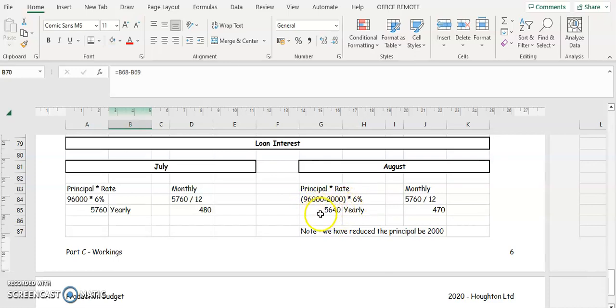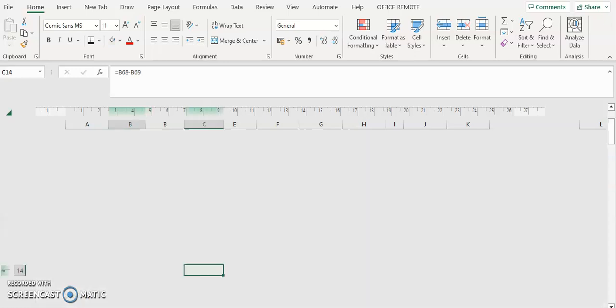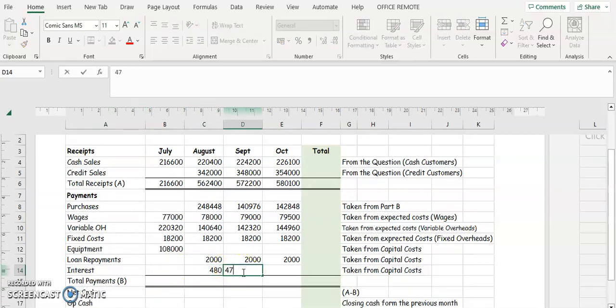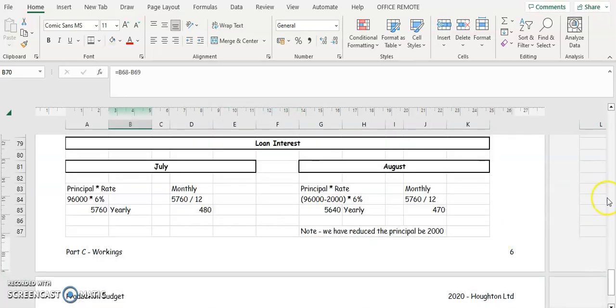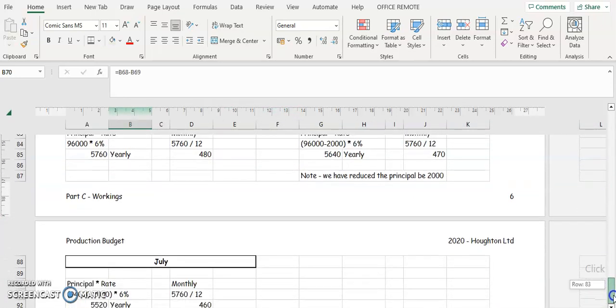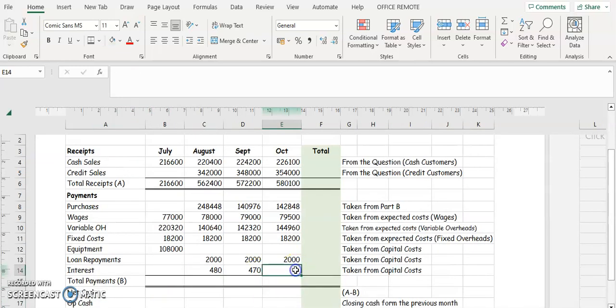So it's going to be 94,000 multiplied by 6%, 5,640, that's for the year, divided by 12 gives you 470. So 470 is the next month, and then same again, the next month is going to be 94,000 minus 2,000, which gives you 5,520, divide that by 12 gives you 460, and then that 460 goes in here.